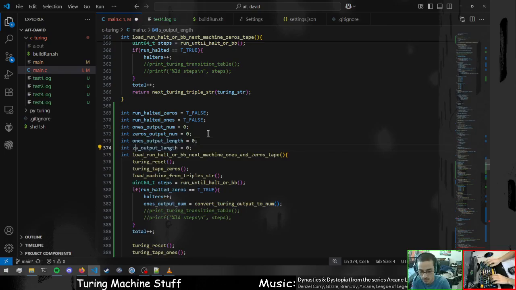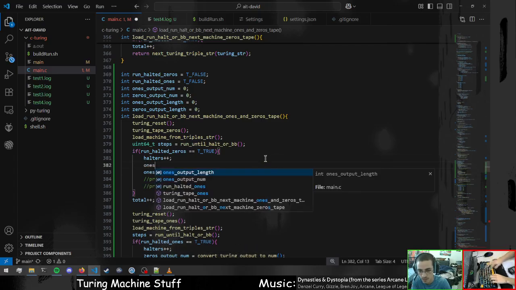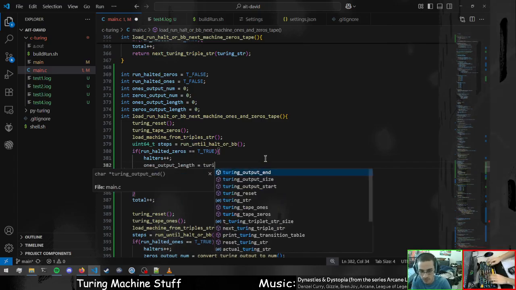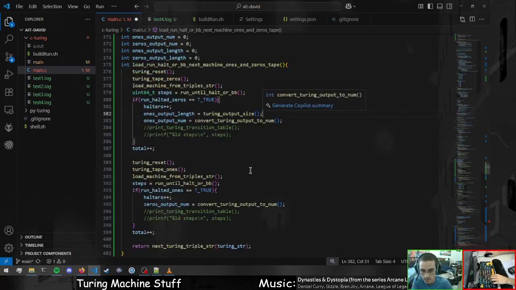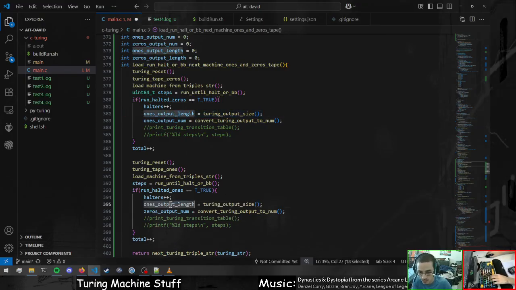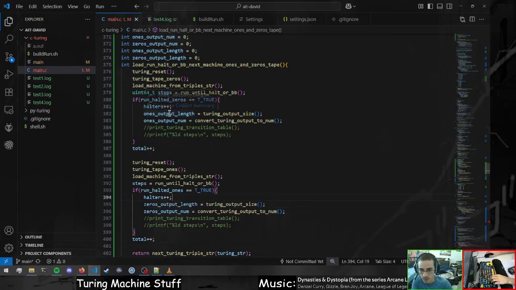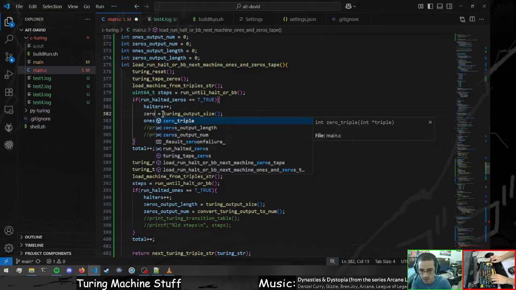This is straightforward. So the length equals that, right? And right here, we get that, hold the phone, what did I just do? I switched them. This is the zeros.